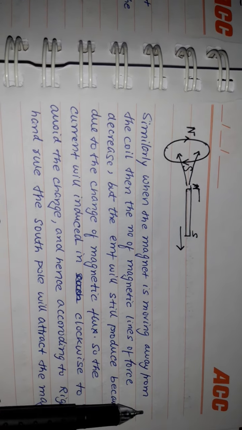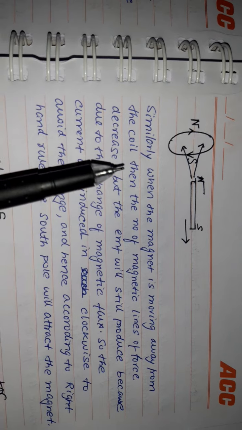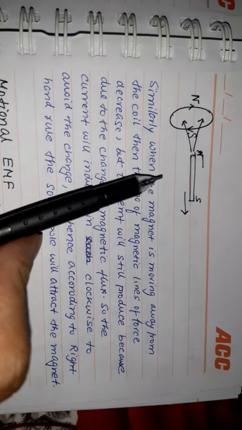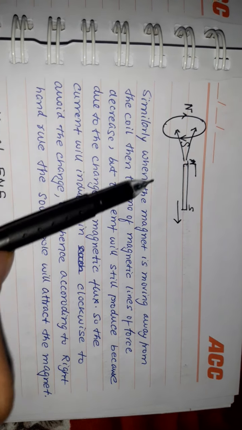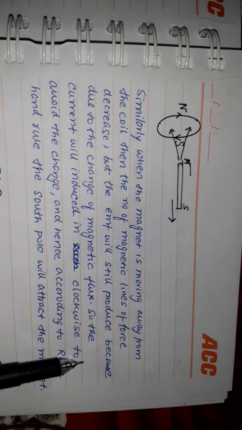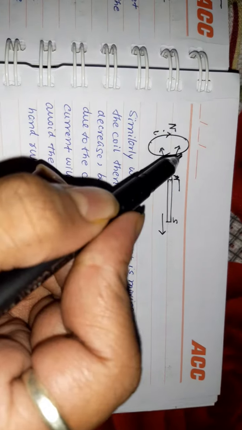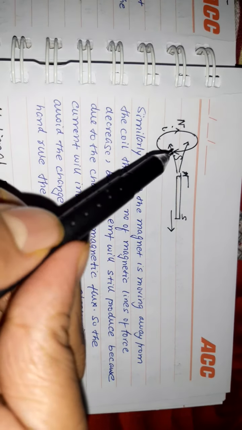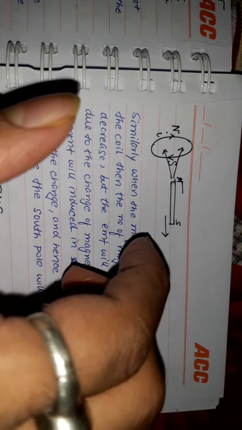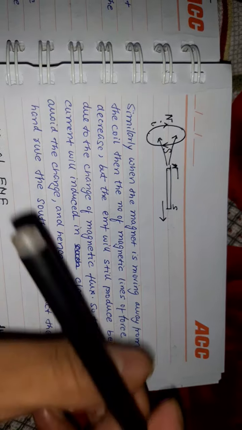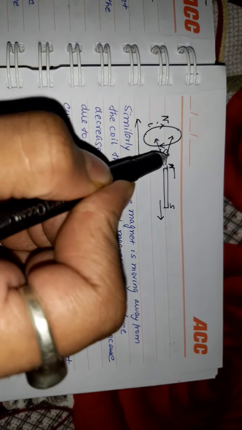Similarly, when the magnet is moving away from the coil, the number of magnetic lines of force decreases, but the EMF will still be produced, because the magnetic flux is decreasing, and that is a change. So the current will be induced in the clockwise direction. If the current is clockwise, then the magnetic field in this direction means north is becoming here and south is becoming here.